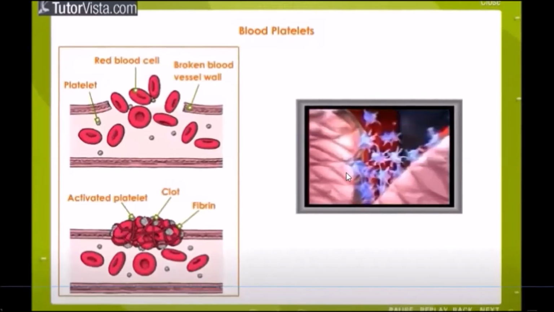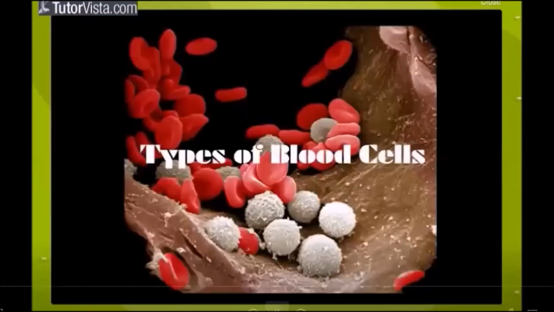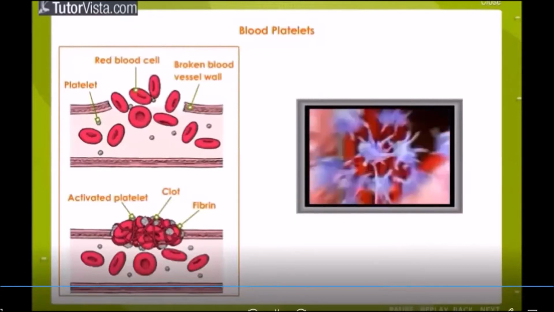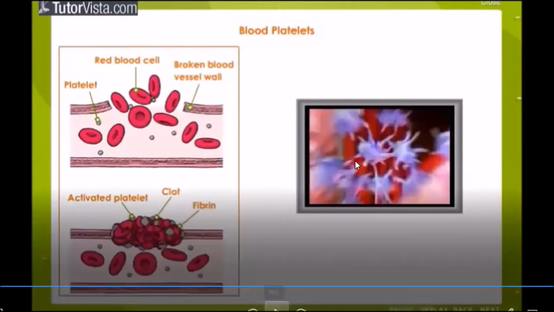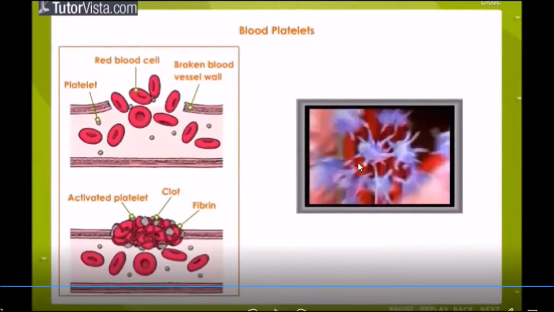These are your platelets. Red blood cells are gathering around your clot, first sticking to it and then producing the fibers, and then that fiber is going to, like a thread, harden that clot, and hence your body will stop the flow of your blood outside the body. So this is how it provides the defense.